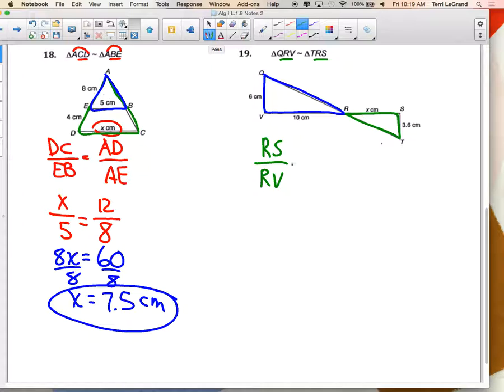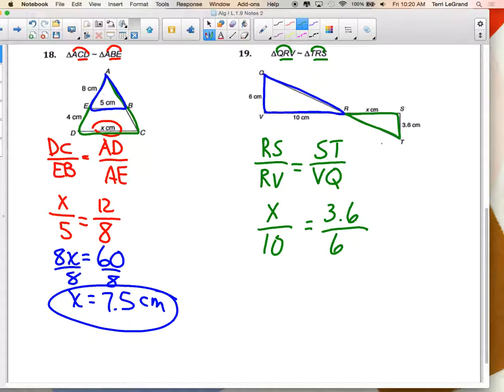Okay, that should be equal to, well, we have ST, the other one we want to work with because we know that one, and ST corresponds with VQ. We always want to make sure we have a good relationship. We aren't just counting on the numbers they gave us in the problem. So now we can say RS is x, RB is 10, length ST is 3 6/10, length BQ is 6.